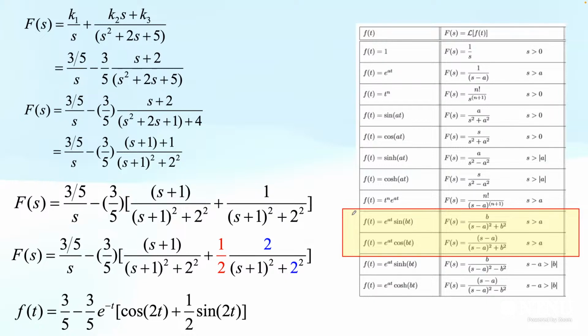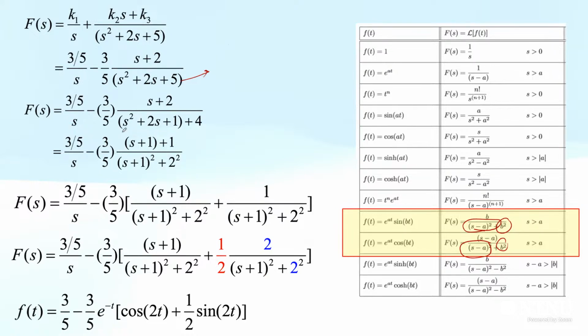When we look into the table, we can see that we have this equation here: S plus 2 divided by S squared plus 2S plus 5. If you look into the table here, we need to get S minus A squared plus B squared, right? We need to get something similar. So that part here, we need to make it similar to this one. It's S squared plus 2S plus 5.